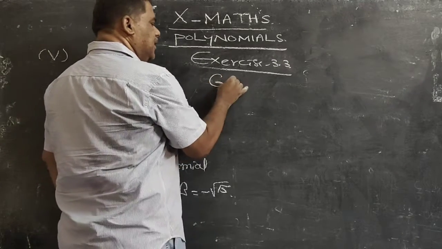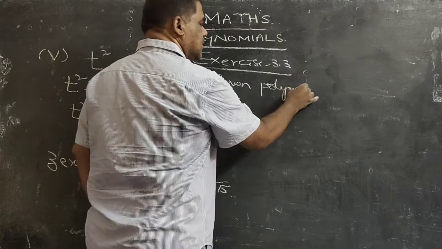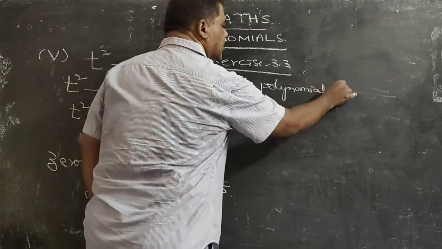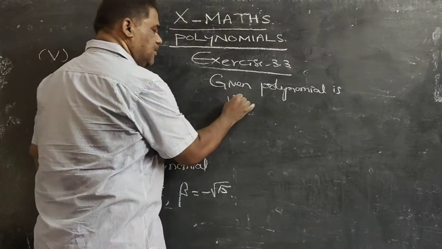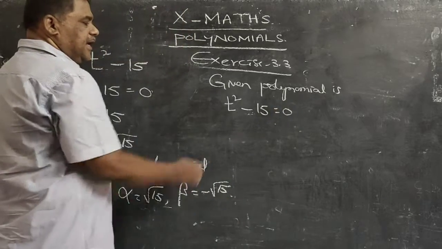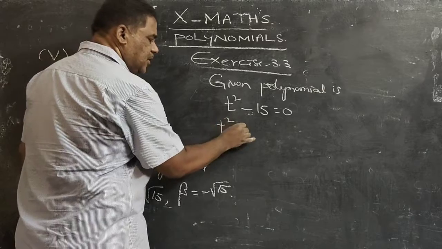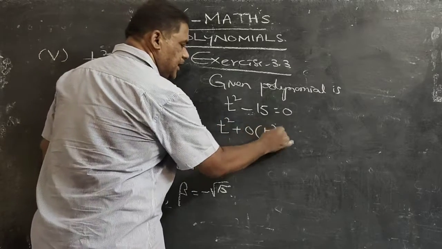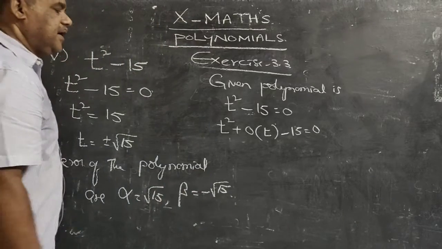Now let us take the given polynomial, that is t square minus 15. Here t square term is there but t term is missing. So t square minus 15 we can write as t square plus 0 into t minus 15. The t term is missing, so 0 into t we can write.